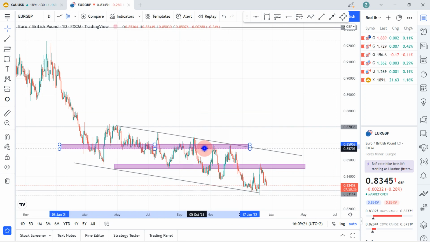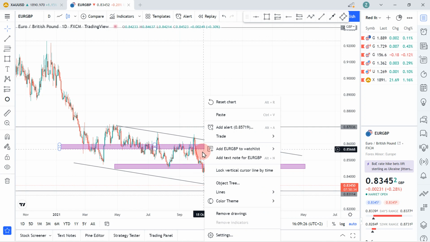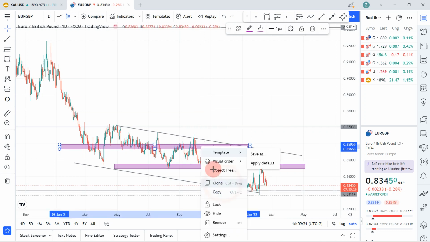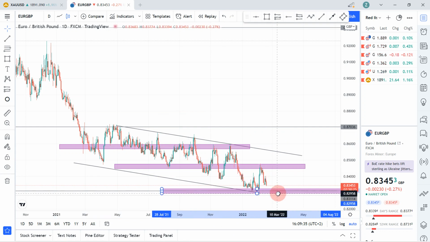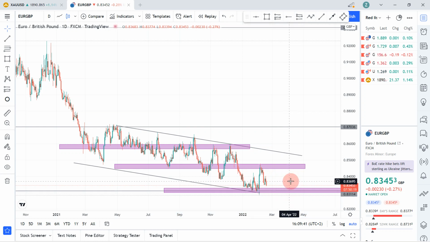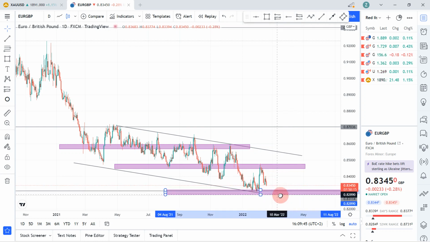So for the daily time frame, I will place 3 zones. So my third zone being here. This is my third zone.